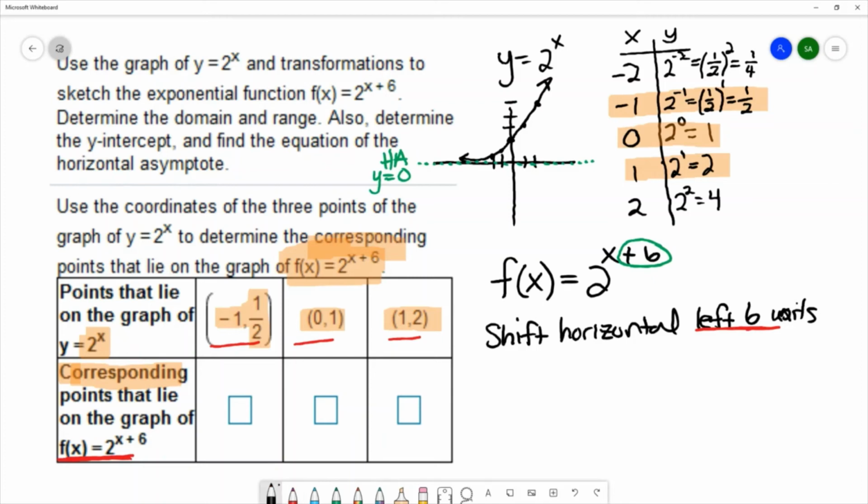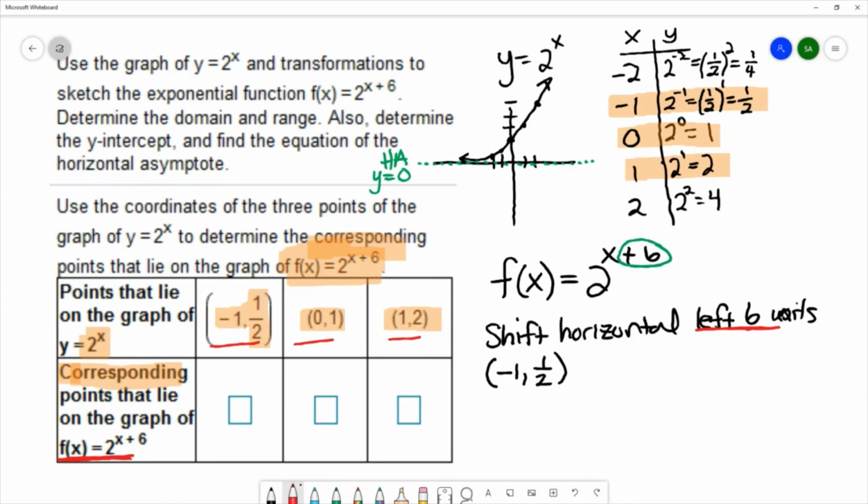So let's take these points one at a time. The ordered pair -1, 1/2: if I want to shift it left, you may have a hard time thinking of this in your head, so it might be helpful if you use the graph that we made earlier.